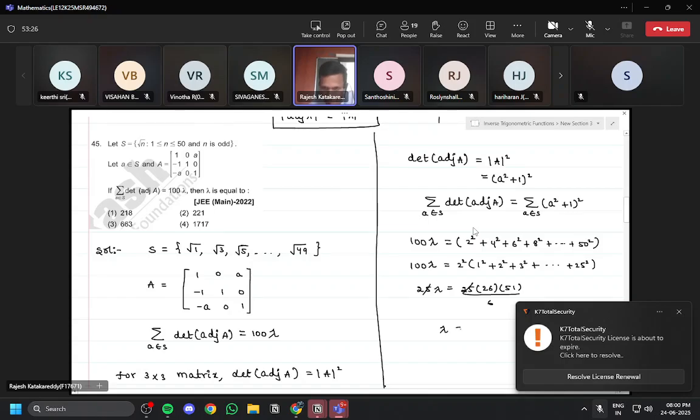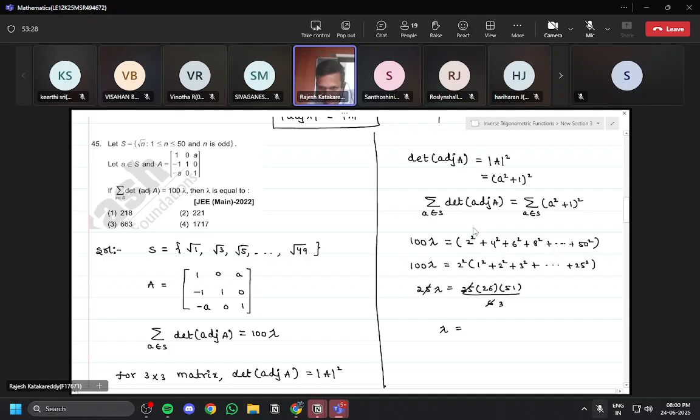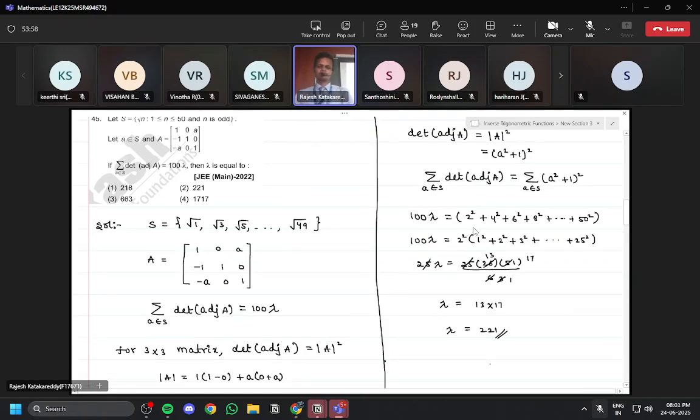Lambda is equal to, 2 3s are 6, 17s... One moment. Mistake. This is 13. Calculation mistake I did. Sorry. 13 into 17 is 221... 220. Clear? Any doubt in any part? Please copy this.